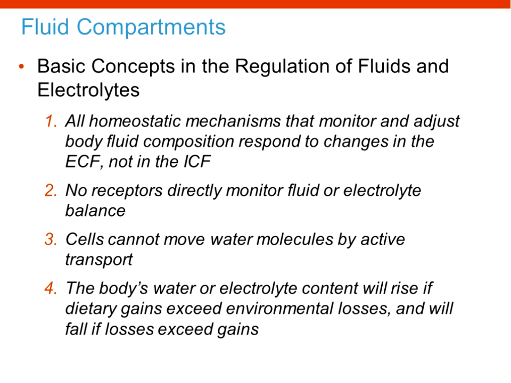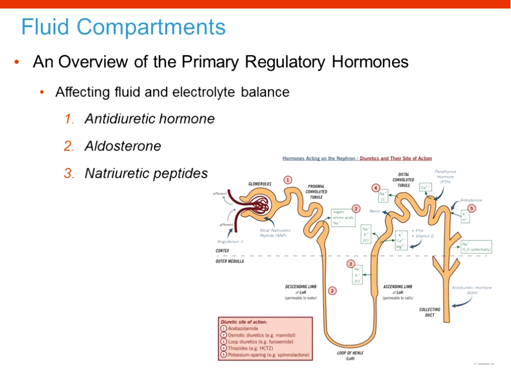And so the last concept about water and fluid balance is that the body's water or electrolyte content will rise or be lost based upon balancing what's coming in from the diet, what's coming in from extraneous circumstances, IVs, drugs, fluids, and balancing that to what's lost by breathing, by having food move through the alimentary canal, by insensible and sensible perspiration, and urinary regulation and control.